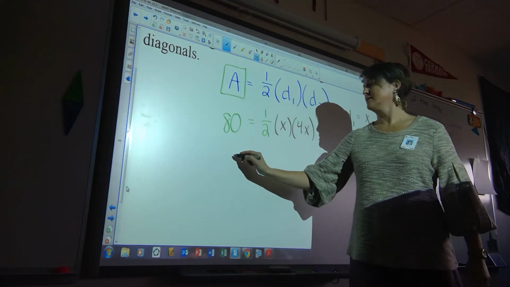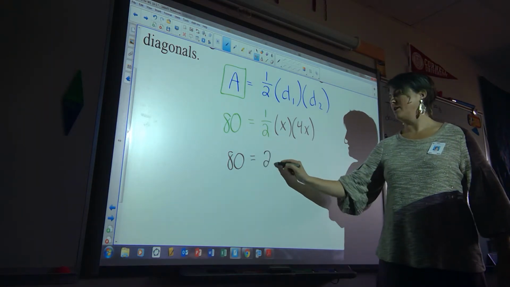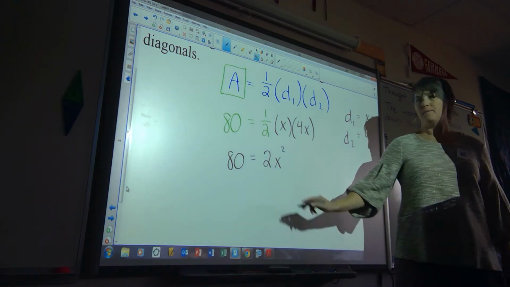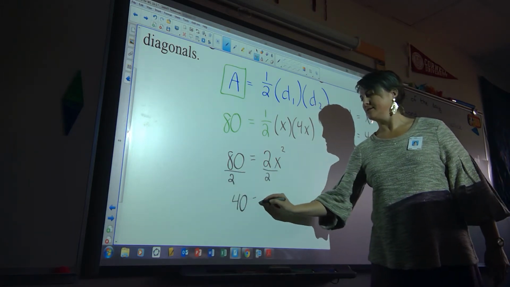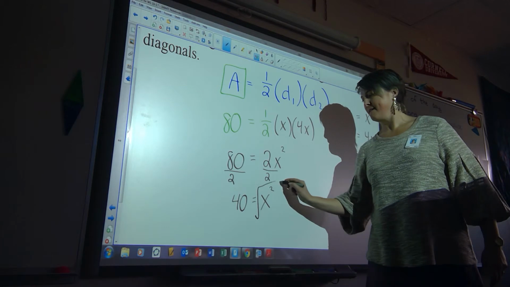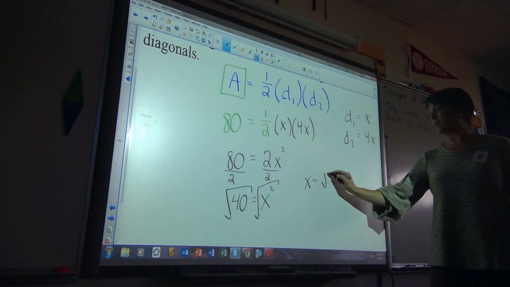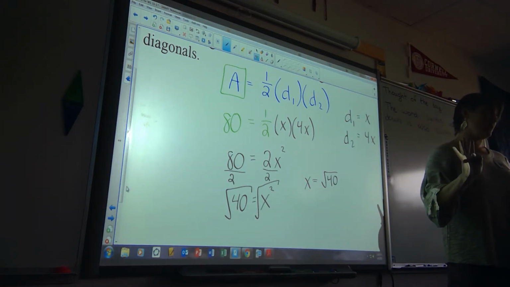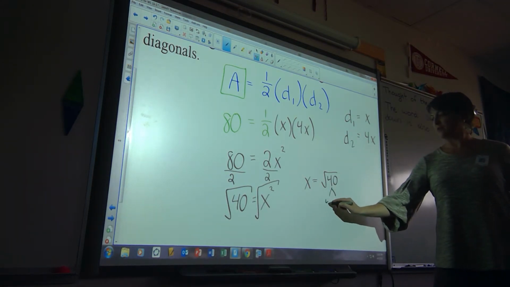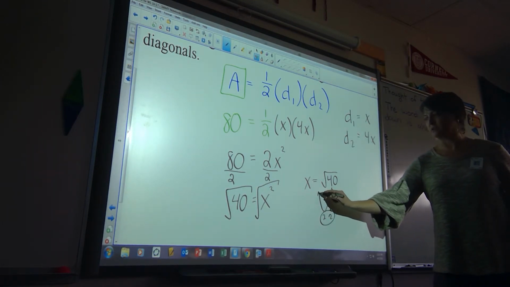So we've got 80 is equal to, that's going to give me a 2 and an x squared. So 40 is x squared. So x is the square root of 40. Now I think that can reduce down a little bit, but it's going to stay a radical. 4 times 10, 2 and 2, bring out the 2.